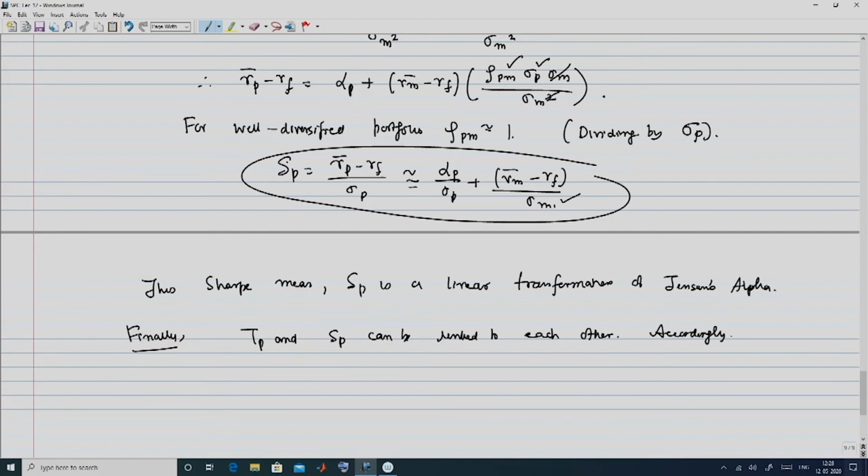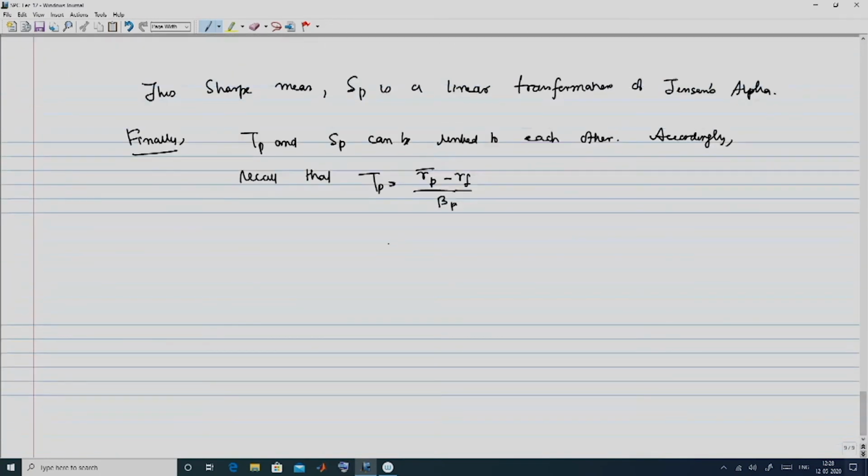Accordingly, we recall that T p was R p bar minus R f over beta p. Now, as before, we will substitute beta p.